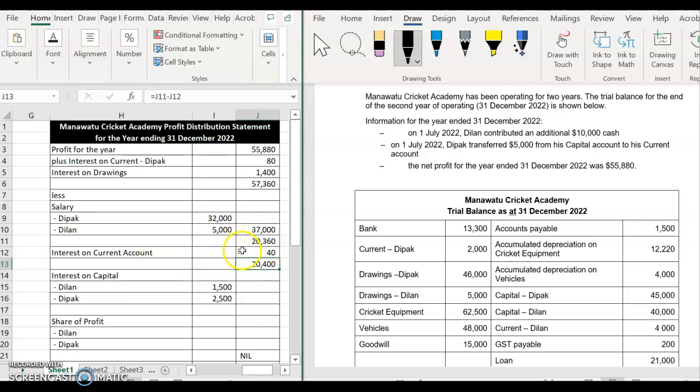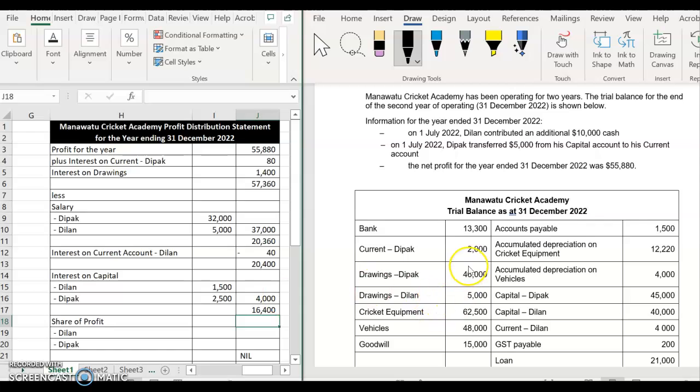It'll still give me the same answer in here, but we're going to actually charge interest on current for Dylan as well. All right, so we'll carry on with this. We'll take 4,000 off. And that means we've got 16,400 to distribute.